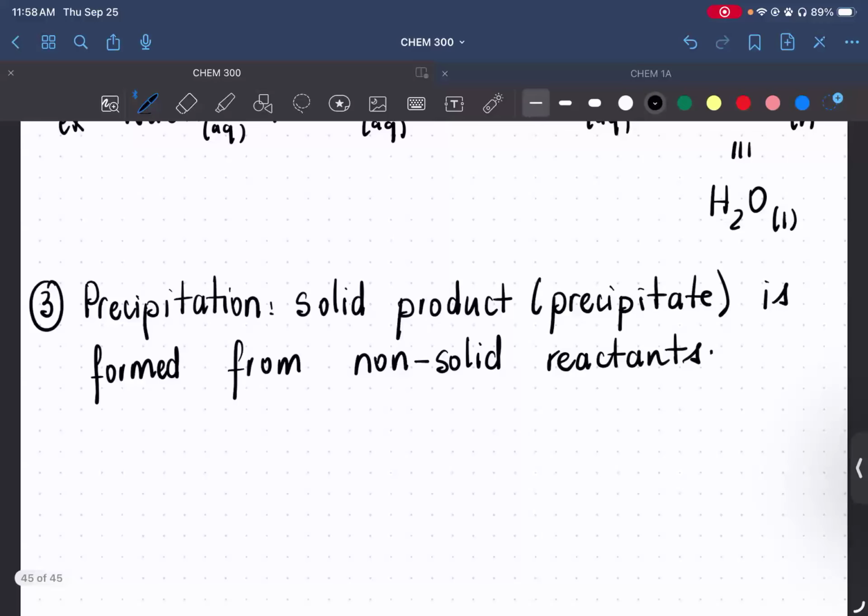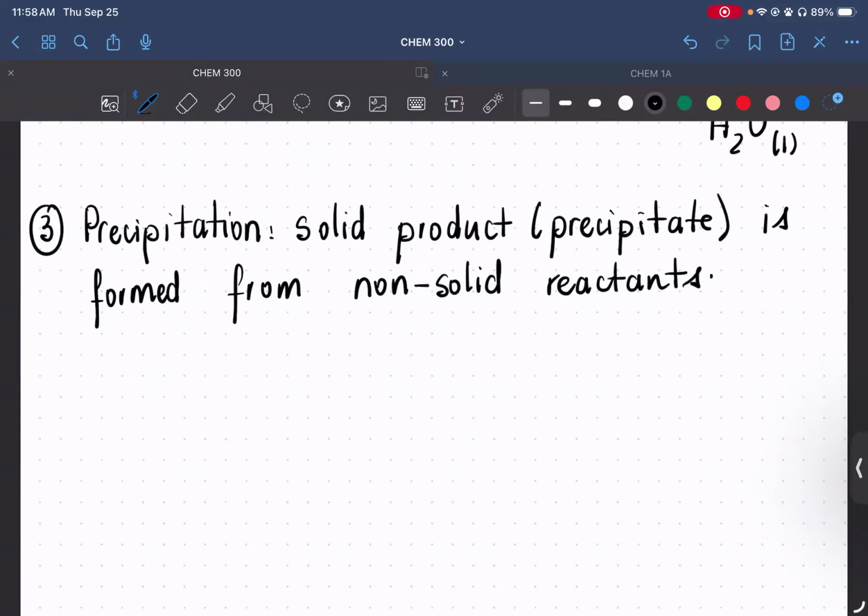So the solid product is given the term precipitate. So precipitation leads to a precipitate. An example of this is as follows.